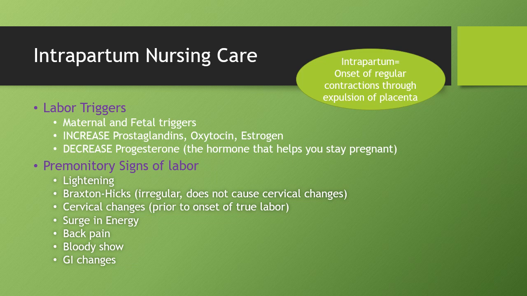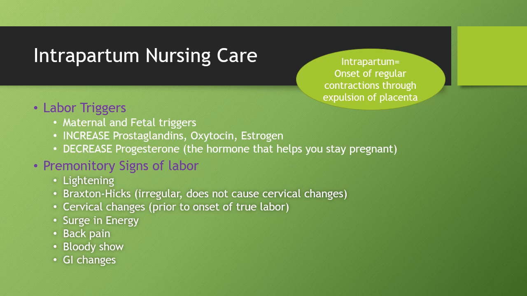Labor is triggered by both maternal and fetal factors. Maternal triggers for labor include the stretching of the uterus and pressure against the cervix. Uterine stretch releases prostaglandins, which then increase the amount of uterine contractions.